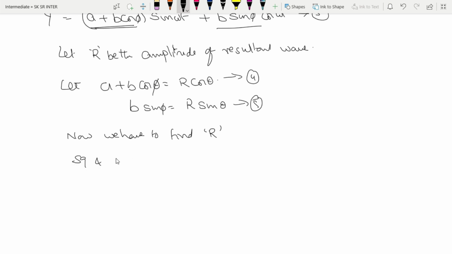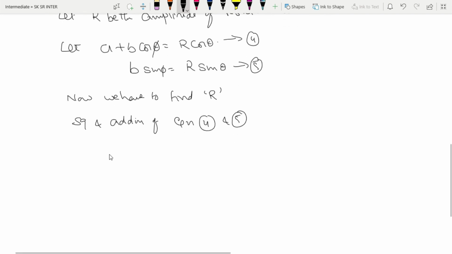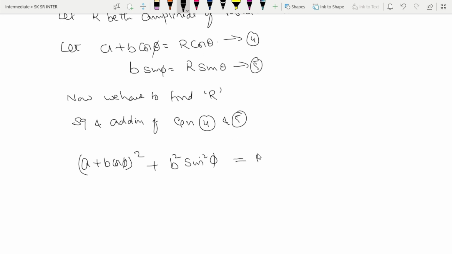Squaring and adding: (a + b cos phi) whole squared plus b squared sin squared phi is equal to R squared cos squared theta plus R squared sin squared theta.